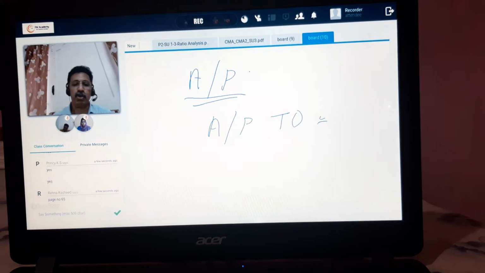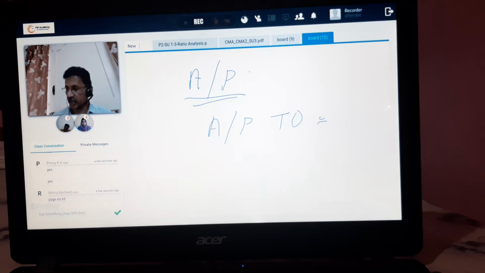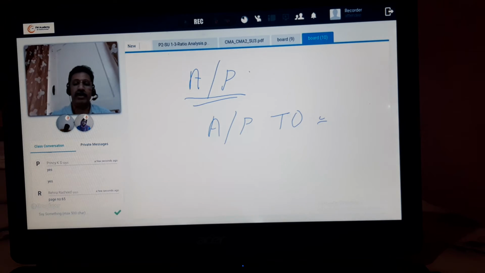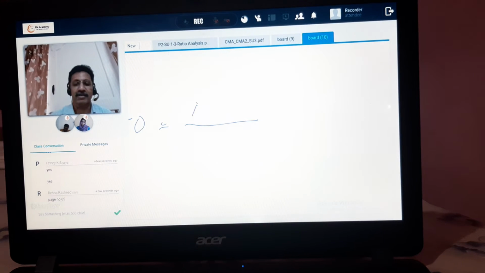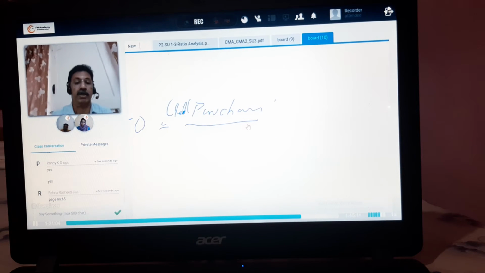But otherwise, what is it actually? The real compatible item for the turnover there will be purchases. But actually speaking, only if you go for credit purchase, you will generate accounts payable.